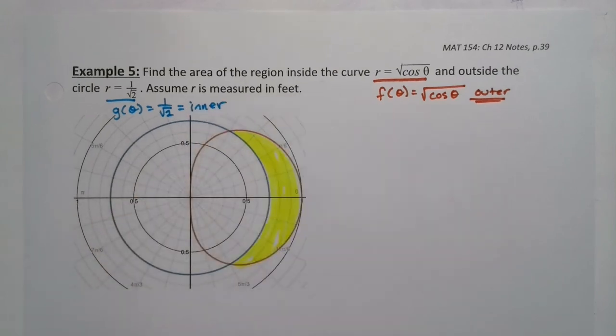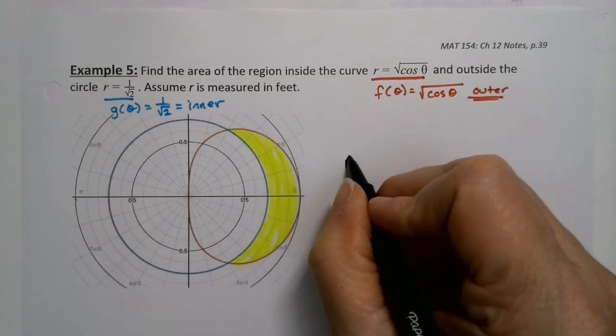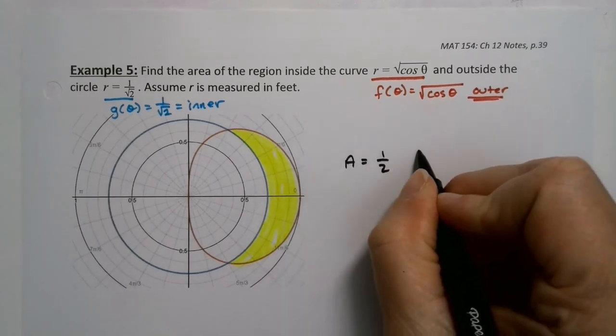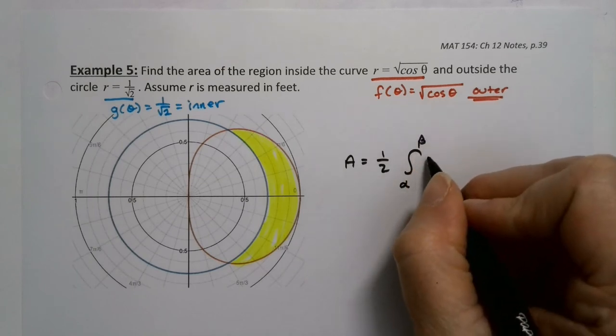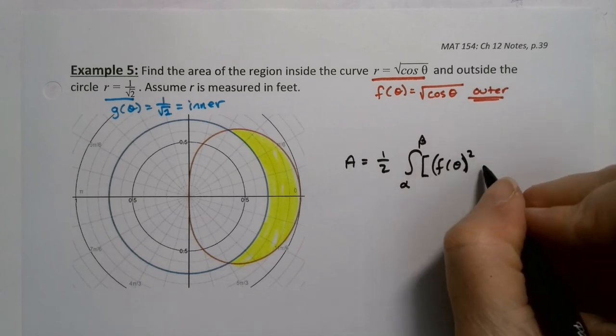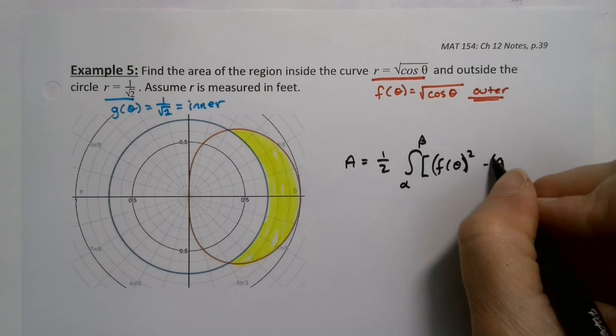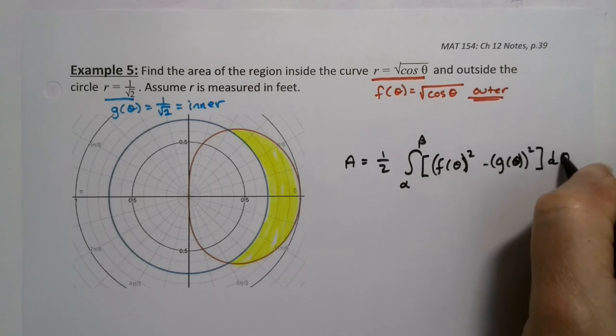Wonderful. So that helps, because when I want that area, it's 1/2 the integral from alpha to beta of f of theta squared minus g of theta squared d theta.